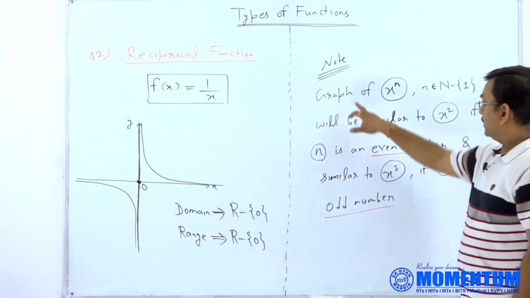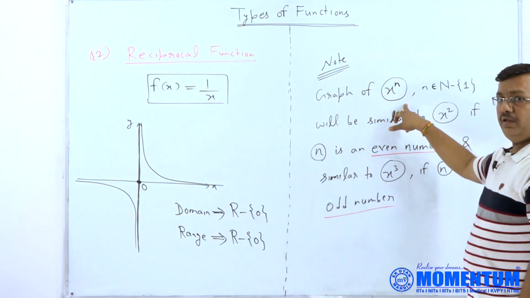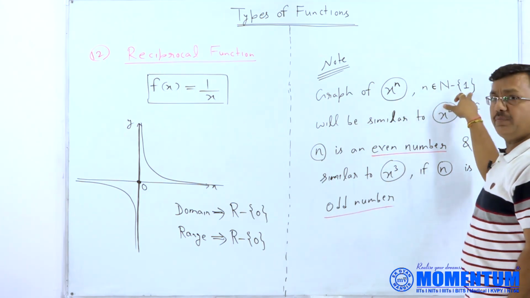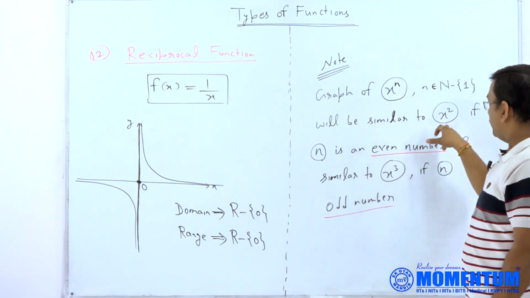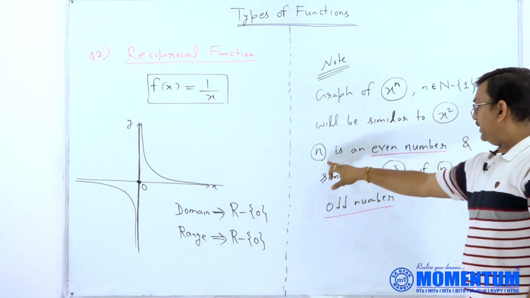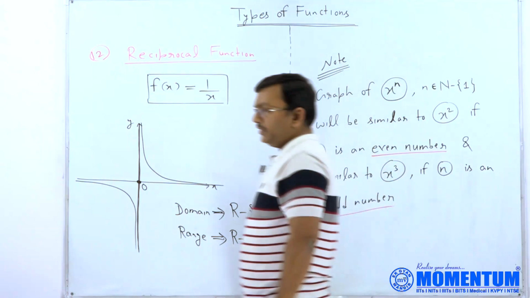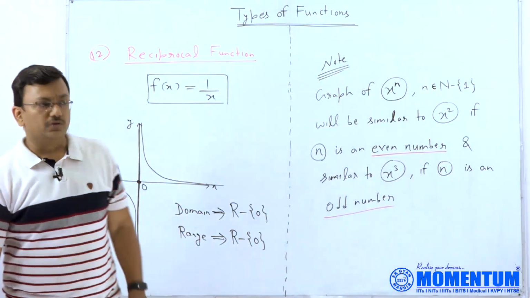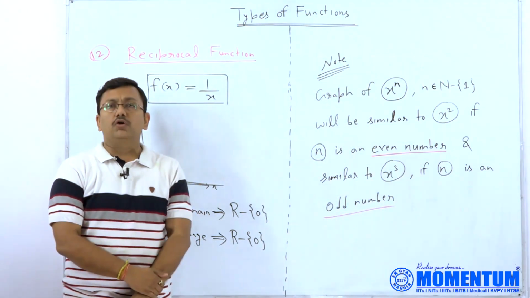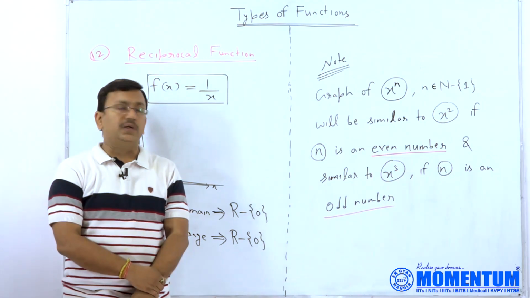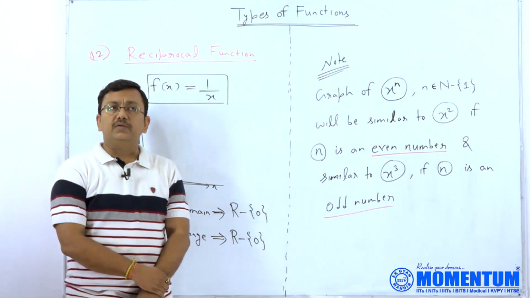That I have written. So, in this way we are able to draw graph of power 4, power 6, power 5, power 7, power 9 and so on.